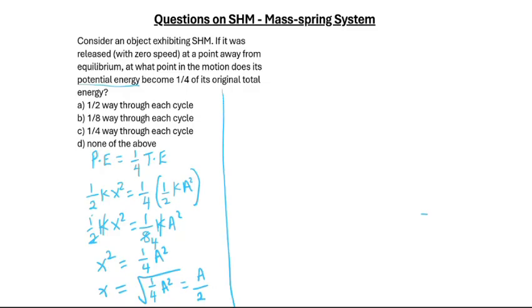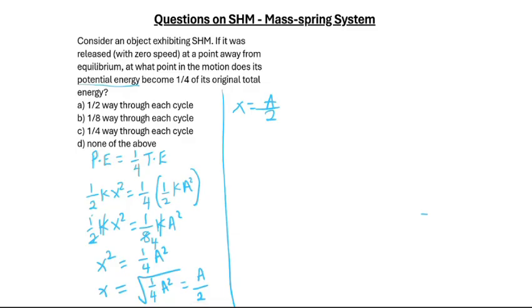So you can see that our x is actually half of our amplitude. Now if I should go and take halfway through the cycle, I will be very wrong, because this amplitude does not tell us about cycle. It just tells us about the distance, the maximum displacement from the main position, from the equilibrium position.